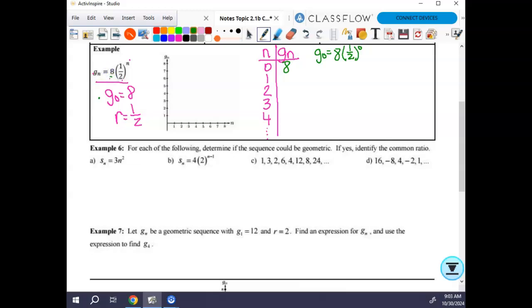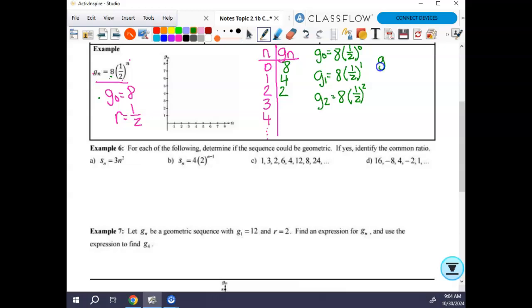It'll work every time. All right, so then G sub 1 is equal to 8 times 1/2 to the first. What is 1/2 to the first power? 1/2. And times 8, that gives me 4. G sub 2 is 8 times 1/2 to the second power. What is 1/2 to the second power? 1/4. And 1/4 times 8 is 2.